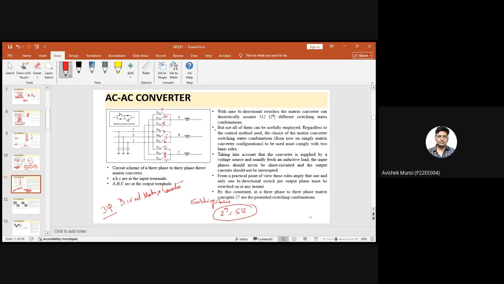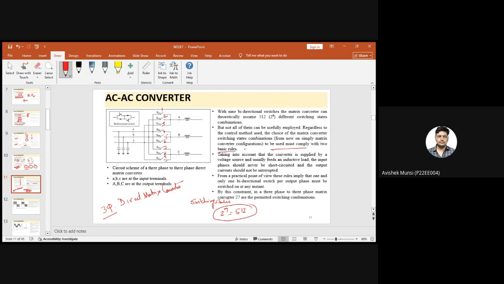But not all of them can be usefully employed. So regardless of the control method used, the device of the matrix converter and the switching states to be used must comply with two basic rules. One, we have to take into account that the converter is supplied by a voltage source and usually feeds an inductive load.